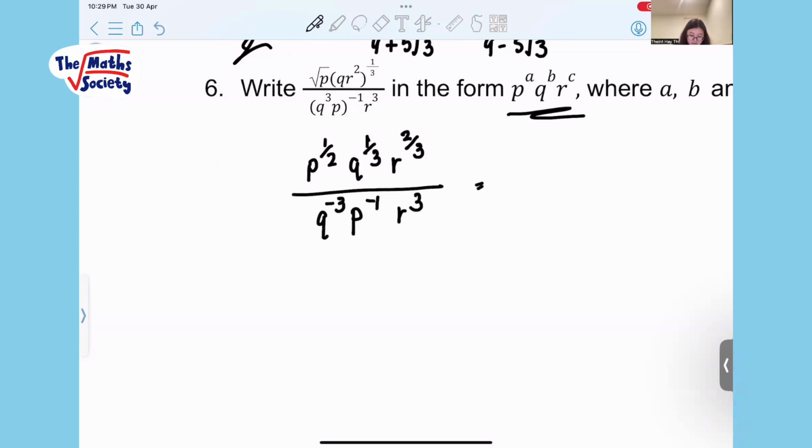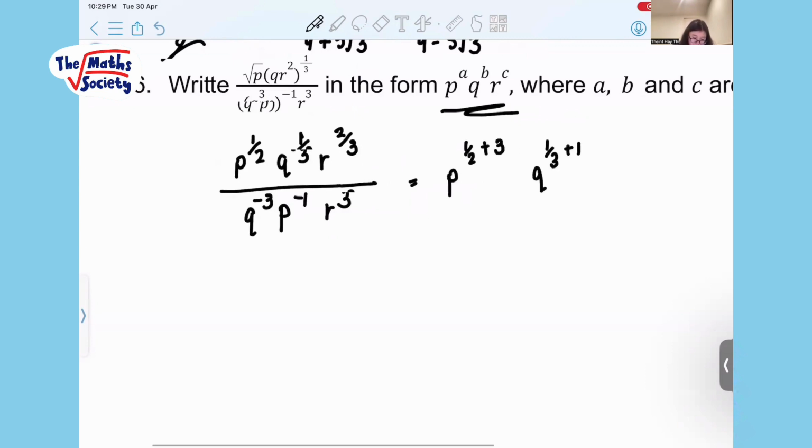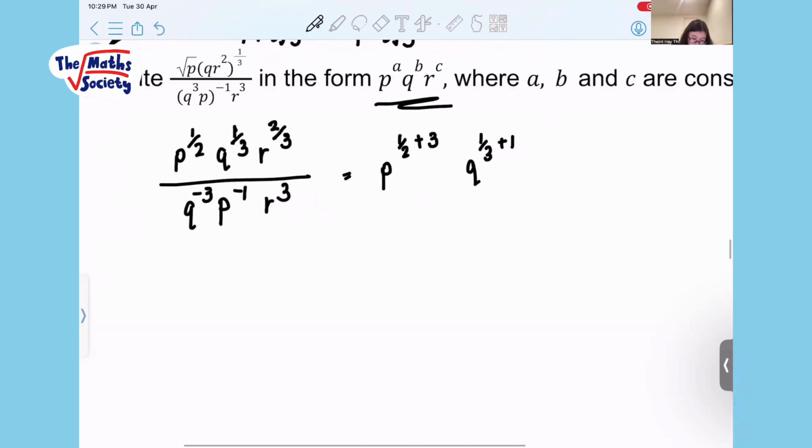So we know that if we move it up, it's just going to be the minus anyway. So it'll have to be p to the 1 by 2 minus 3. And then q, oh, it's going to be plus because it's minus. So it's going to be 1 by 3 plus 1. And then r is going to be 2 by 3 minus 3.